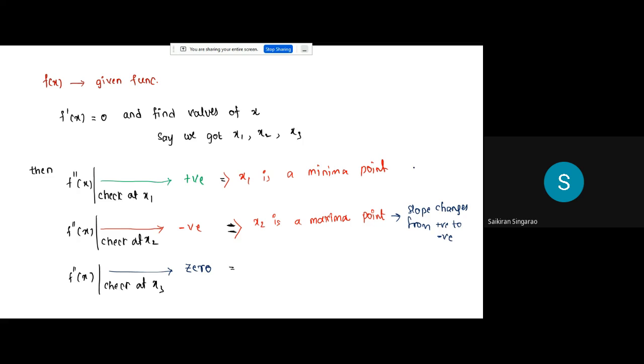Around this stationary point, if the slope changes from positive to negative, then only the double differentiation will come negative. Then only that will be called a maxima point.